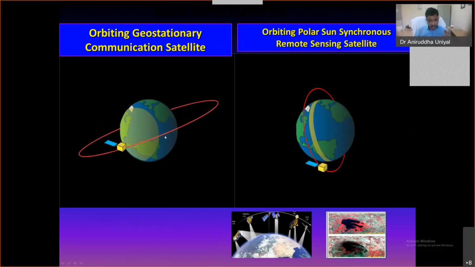So its revolution of Earth is synchronized with the rotation of Earth. Means Earth completes one rotation about its axis in 24 hours, and this geostationary satellite also completes one revolution of Earth in about 24 hours. So it looks as if the satellite is stationary. Actually, it is not.